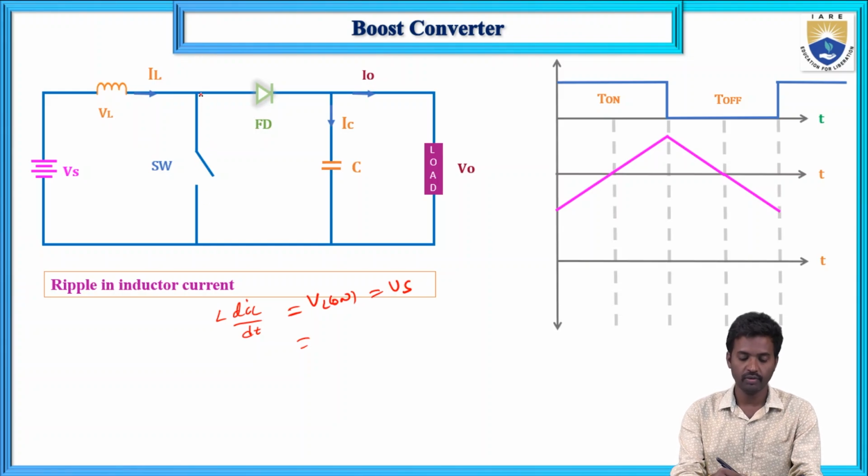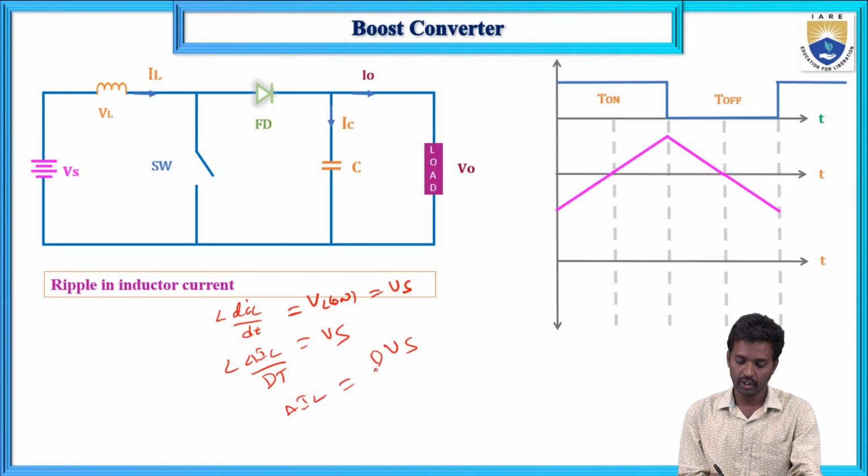So when the switch is on, the inductor voltage is Vs only, and this is L into del IL divided by dt. T on means D into T. So del IL equals Vs into D into T by L, that equals D into Vs by F into L. That is del IL.